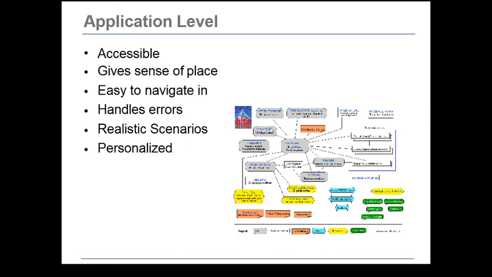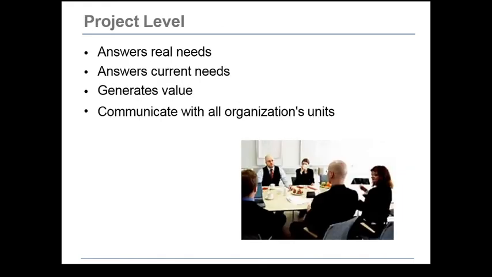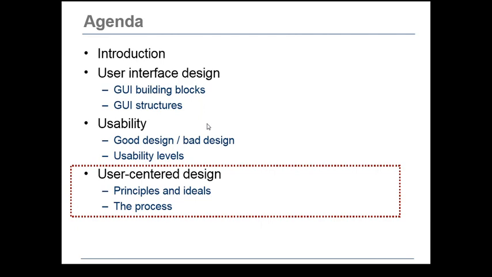Then you can say your application will be very enthusiastic in nature. What is the project level? Answer real needs, answer current needs, generate value, communicate with all organization units. So these are the circumstances of your project level.